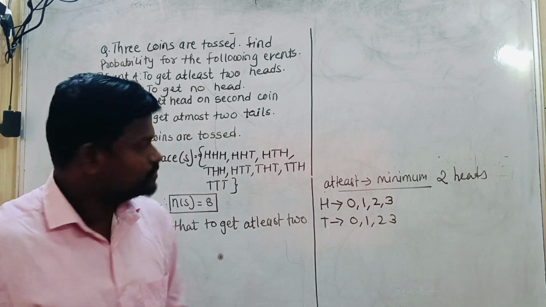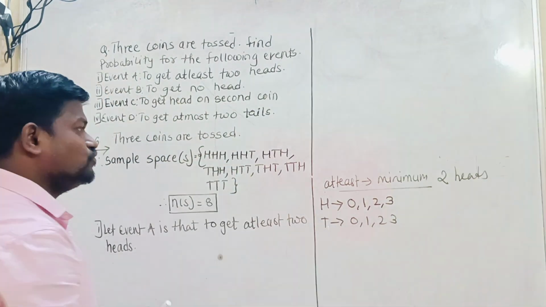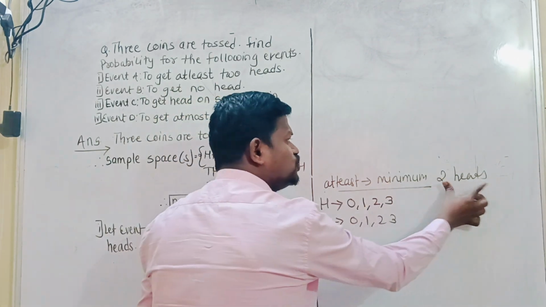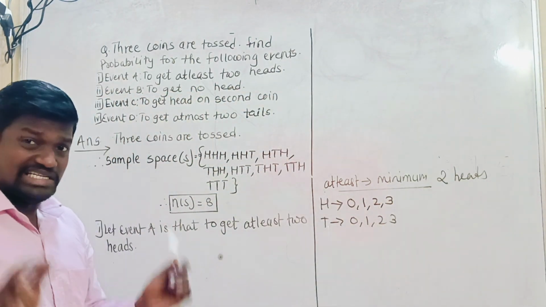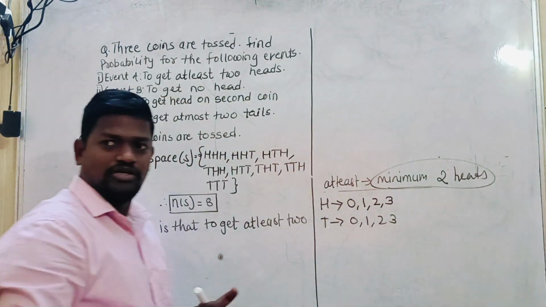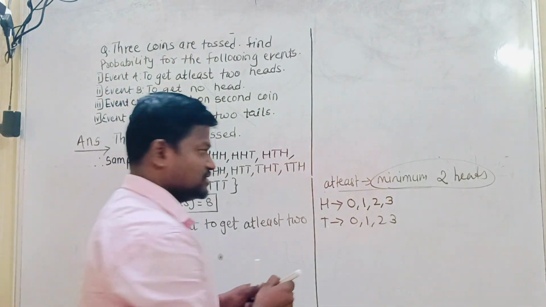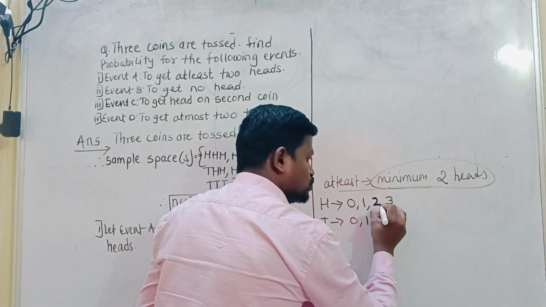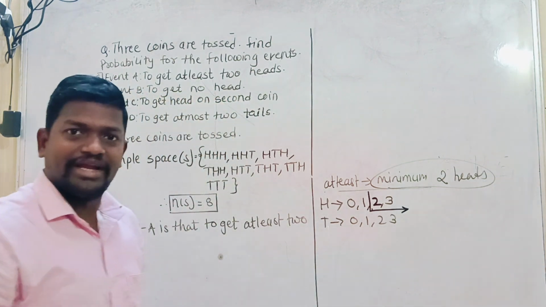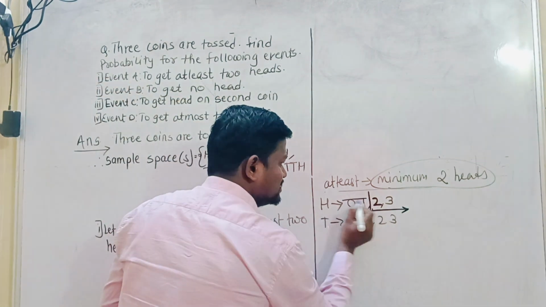Now move on to our event, at least, that is a minimum of two heads. Our condition tells us that we have to find a minimum of two heads, so two or more heads. So we cancel these two.